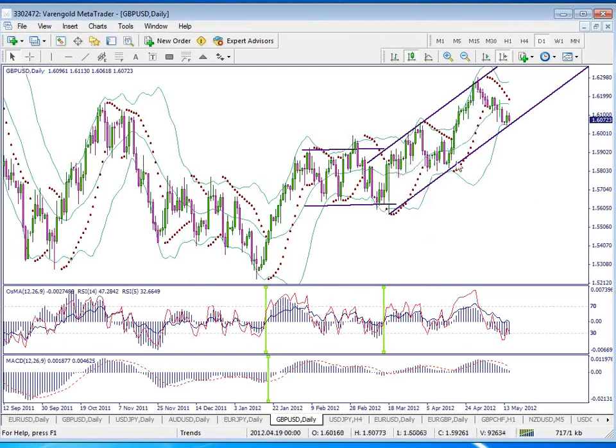So here at this point, I will know that the pair will make some swings between those lines of the channel. Maybe when I have the signal on daily, I can look for different signals for buy on a smaller time frame.